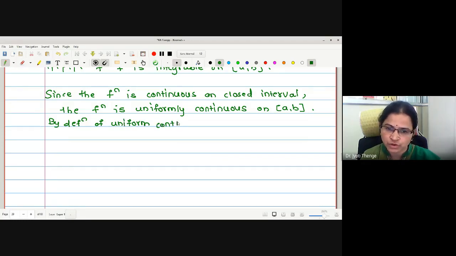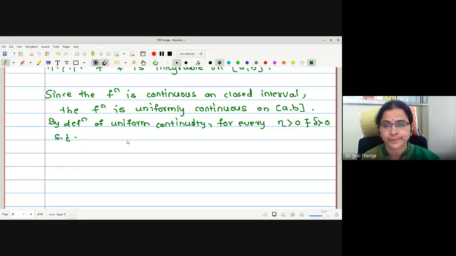for every eta greater than 0, there exists delta greater than 0 such that, what is the definition?